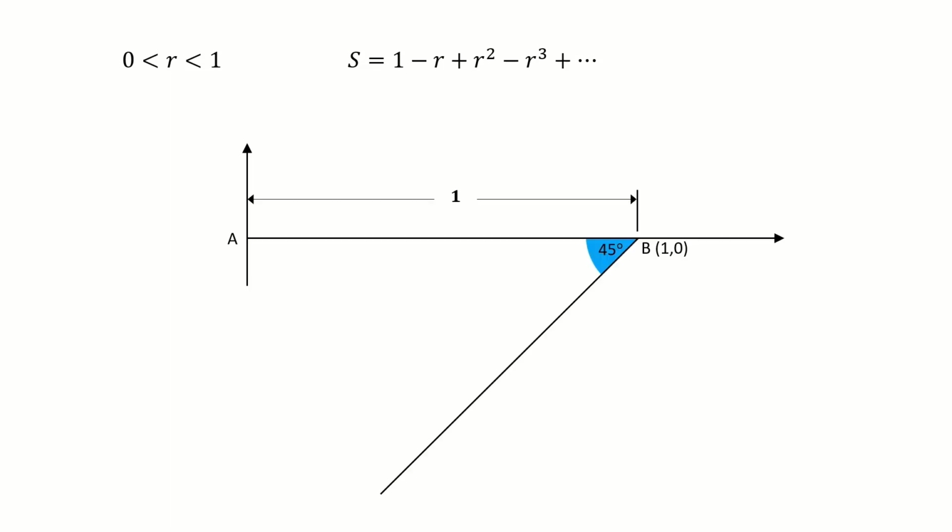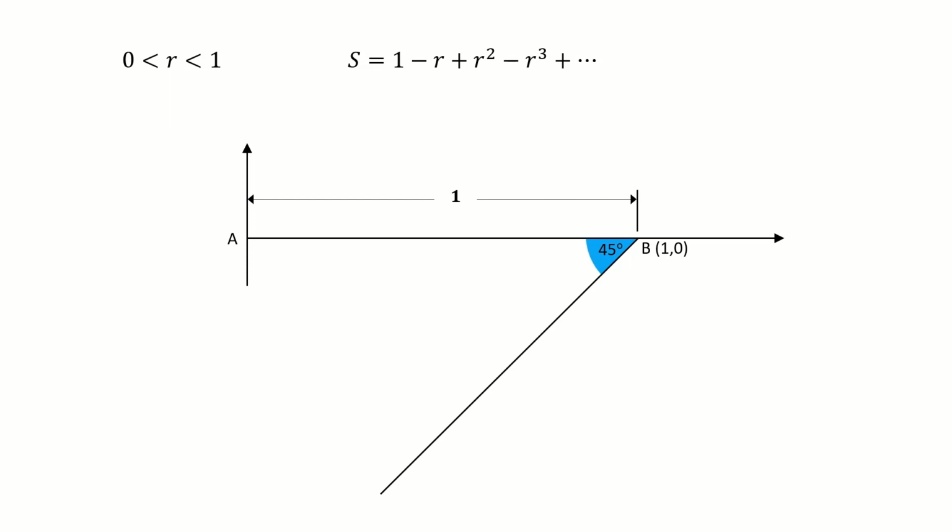Now let's see a different case. R is still between 0 and 1, but the series S is switching signs. S is equal to 1 minus R plus R squared minus R cubed and so on. We again start with the coordinate system and point B at 1 unit to the right of A. But this time we draw the line at a 45-degree angle downward, as you can see.